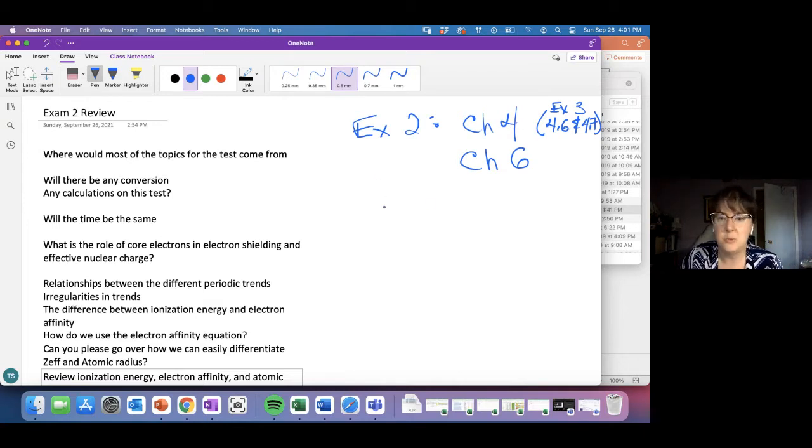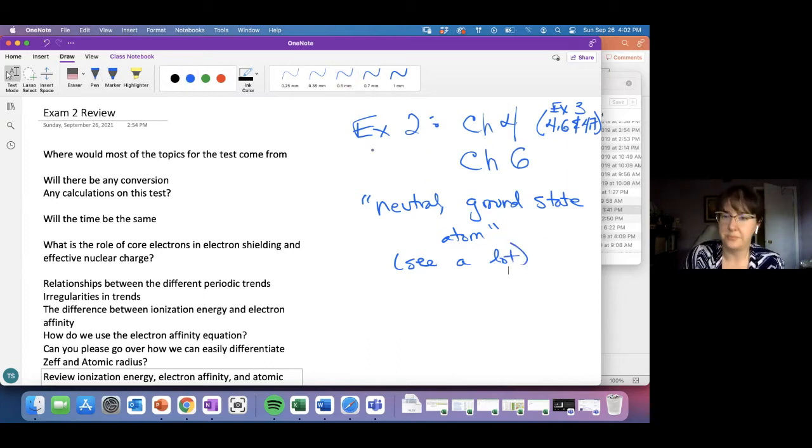Oftentimes you are going to see the words neutral, ground state, atom. That won't be the only case we use, because we could still potentially use excited states, but you will certainly see these words a lot. Not always, but a lot.